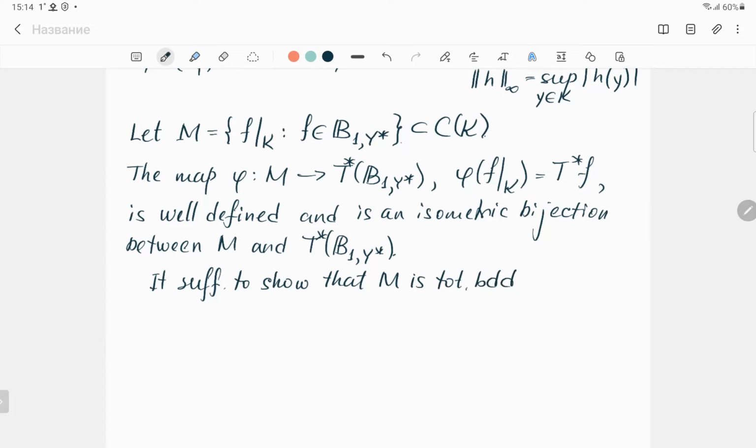This is more convenient than working with T star of B, because M is a subset in C of K. And we have a useful criterion, the Arzelà-Ascoli theorem, which states that a subset of C of K is totally bounded if and only if it is bounded and equicontinuous. This follows from the Arzelà-Ascoli theorem.